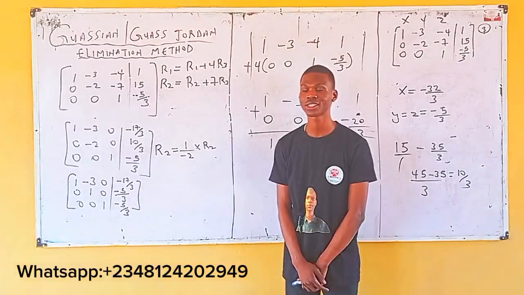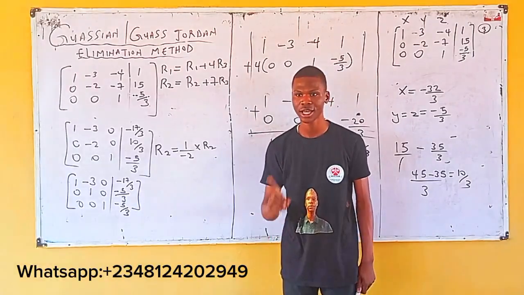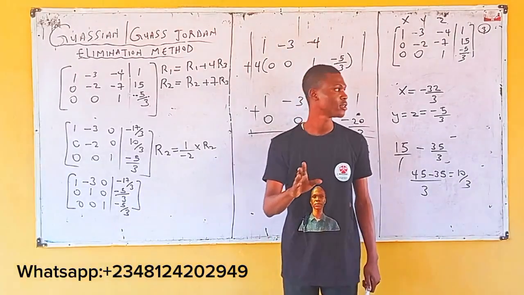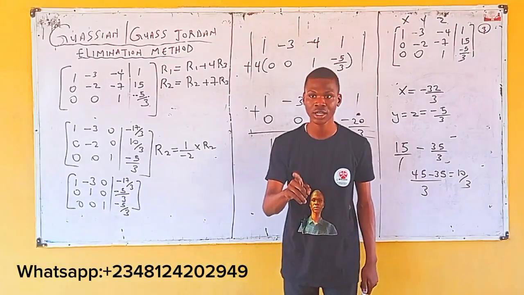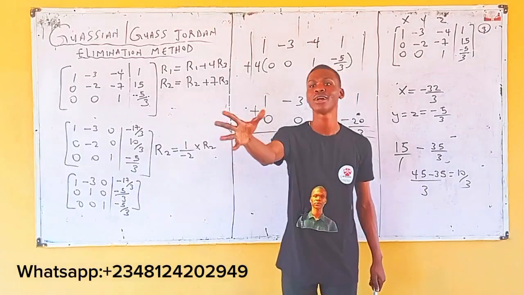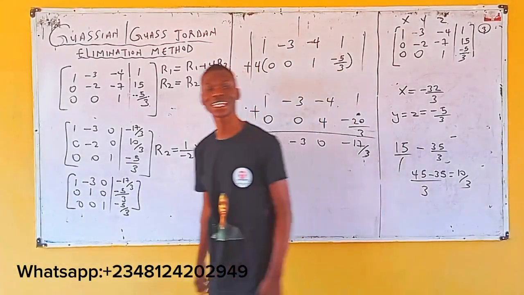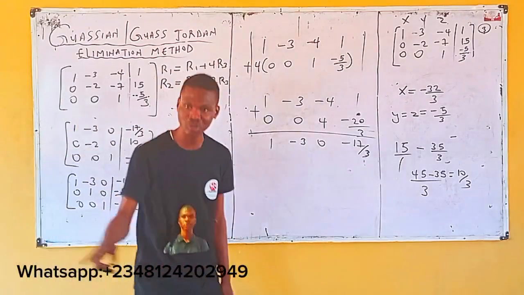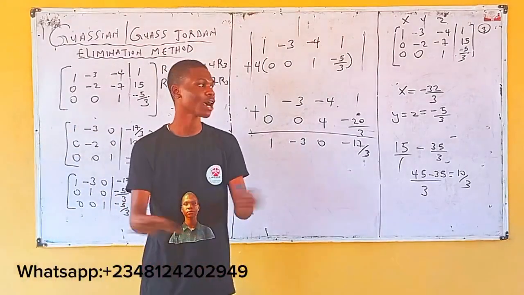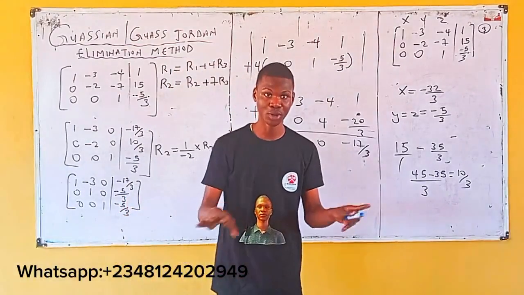Row 2, that's what? 3 row 2 plus row 1, exactly. 3 row 2 plus row 1. You are convinced?